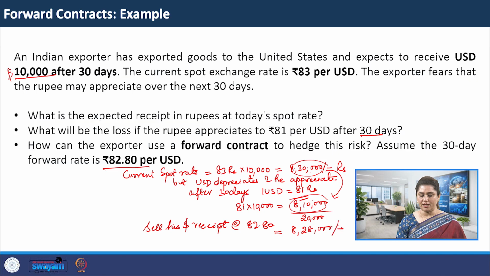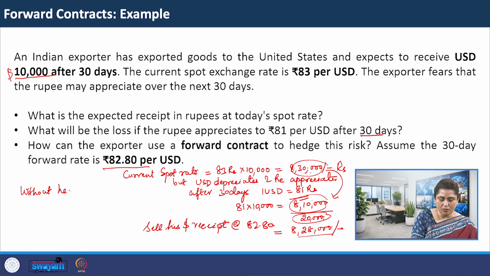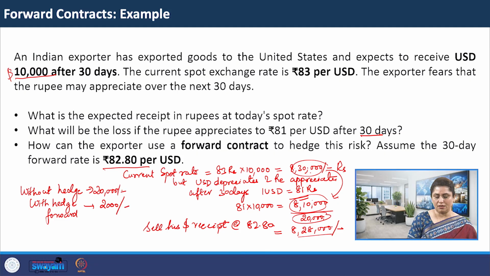So somewhere he has hedged his risk, and now he will not be losing 20,000, he will be only losing 2,000, right? So without hedge, he would have lost how much? 20,000. But with hedge, that is with the help of the forward contract, he will only lose 2,000. So he has reduced his risk.